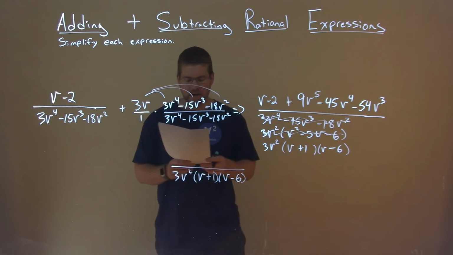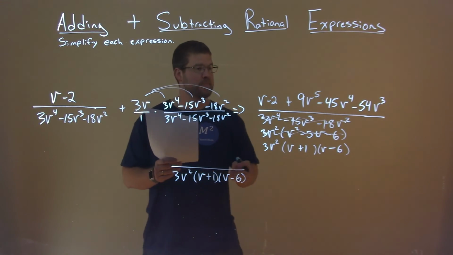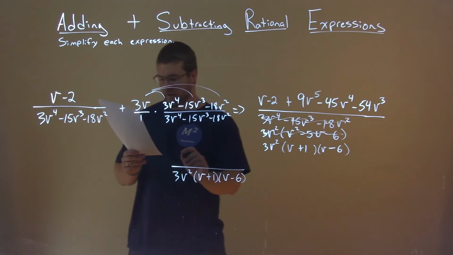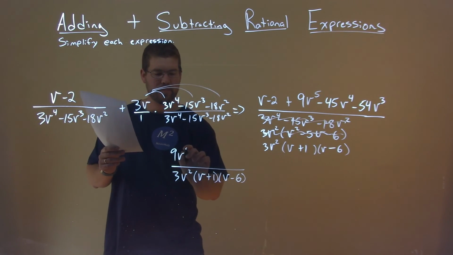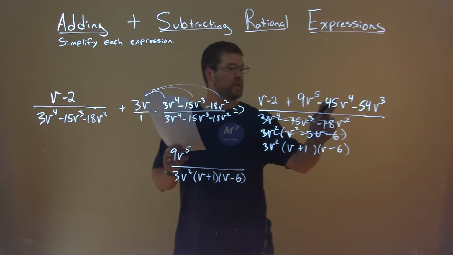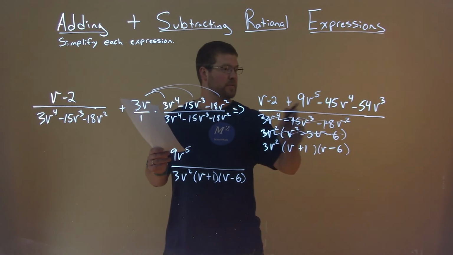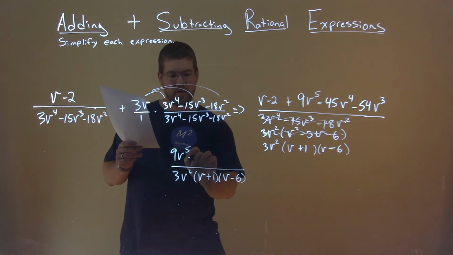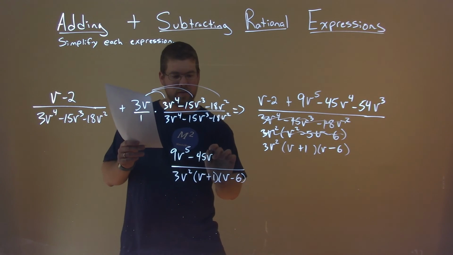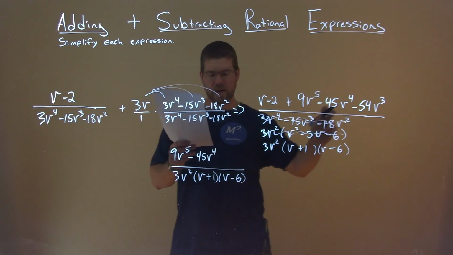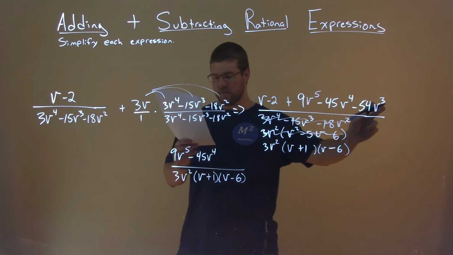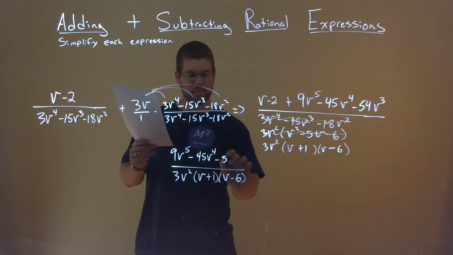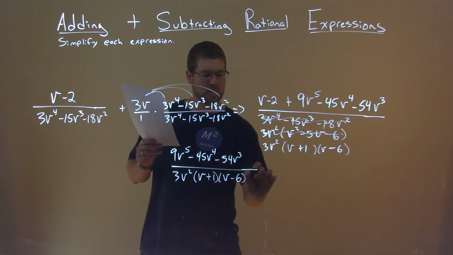The numerator, we need to combine our like terms. Highest degree is 9v to the fifth power. Nothing combines with that. Then we have v to the fourth, which is a minus 45. Well, nothing else combines with that. Minus 45v to the fourth. Next highest power is v to the third. Negative 54v to the third. This is a large one.